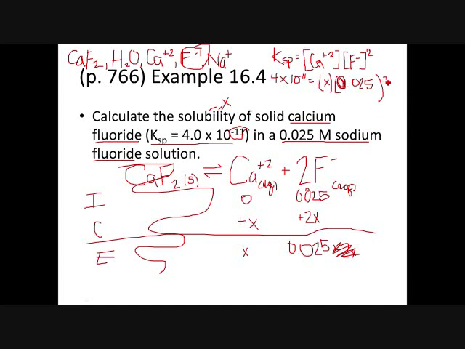So again, we made an assumption so that you can just solve for x that way. And when you solve for x, x is equal to 6.4 times 10 to the negative 8.